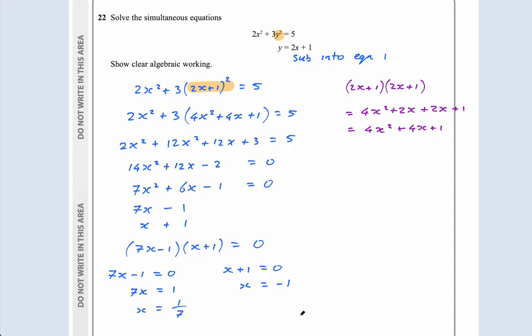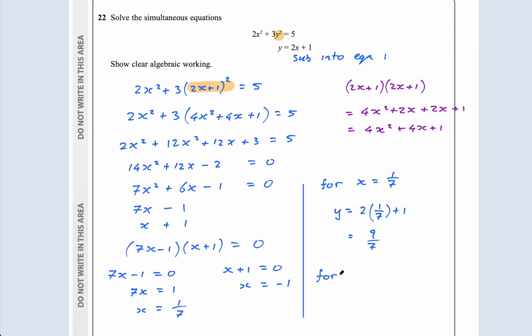Okay, then once you have your x's, so for x equals 1 over 7, y is equal to 2 times 1 over 7 plus 1, which is 2 over 7 plus 7 over 7 is 9 over 7, or use your calculator, guys, if you need to at that point.